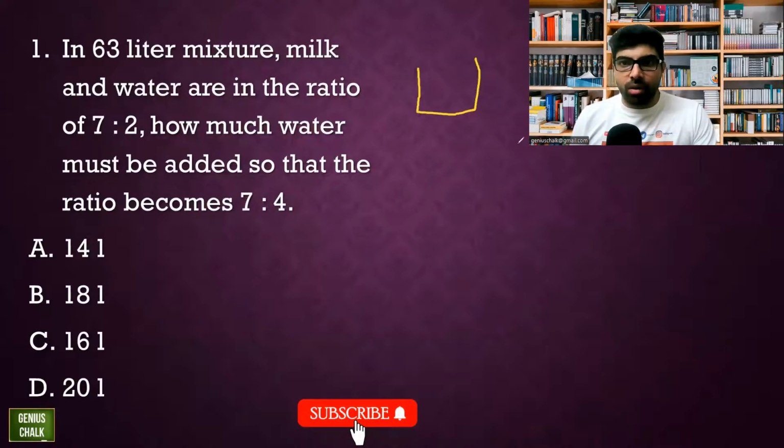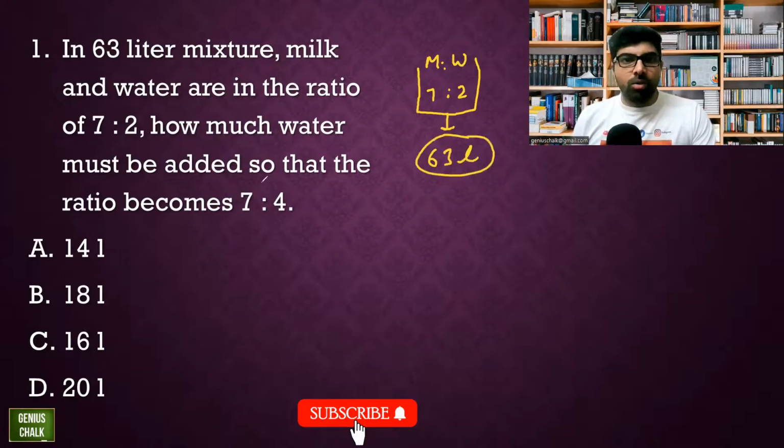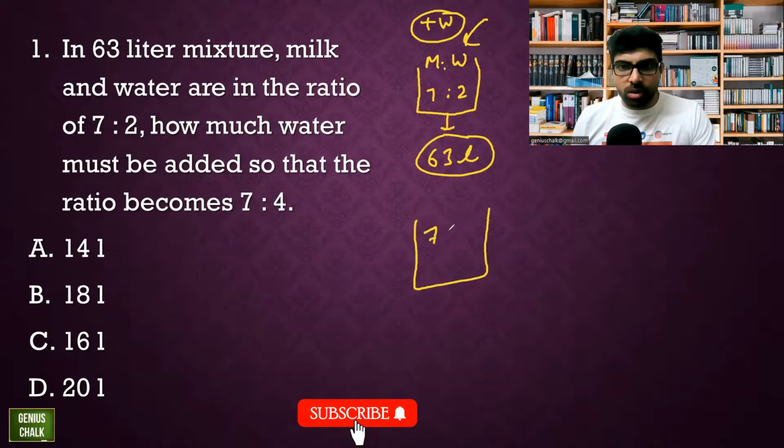Here we have milk and water, and the ratio is 7:2. The total mixture is 63 liter. Now we have added some water, and now the new ratio becomes 7:4.